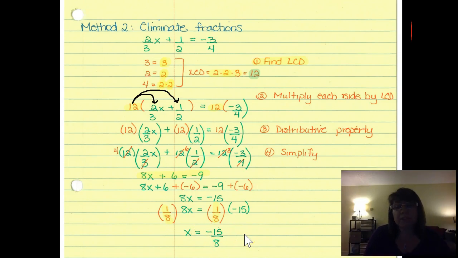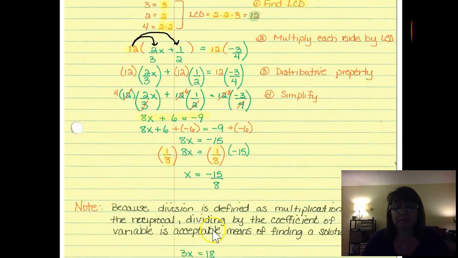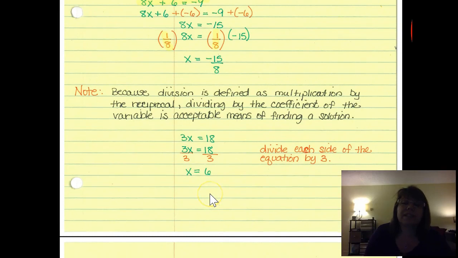Now, some of you may have learned that we can just divide by whatever's sitting in front of x. And in essence, we're doing that because the definition of division is multiplication by the reciprocal.